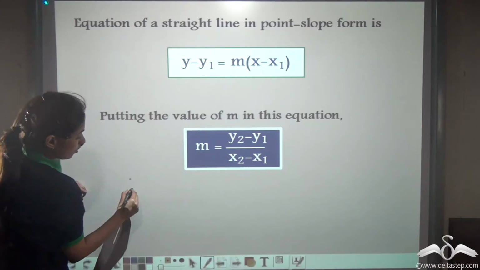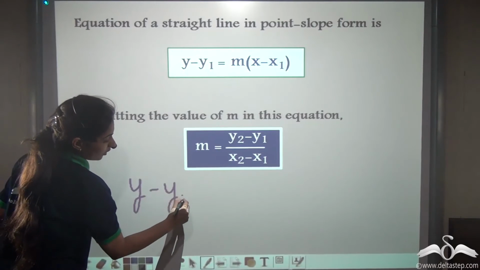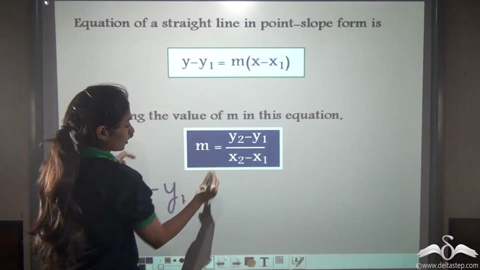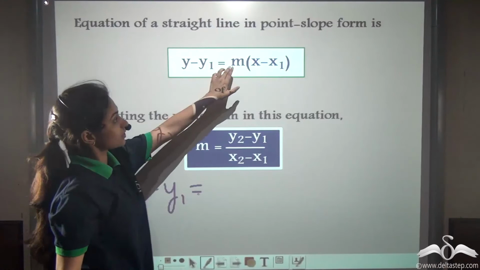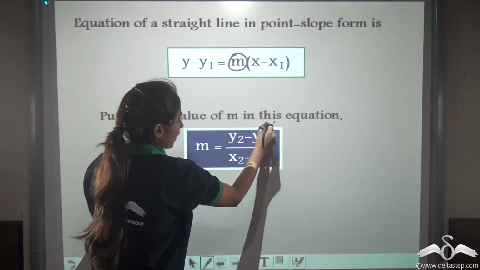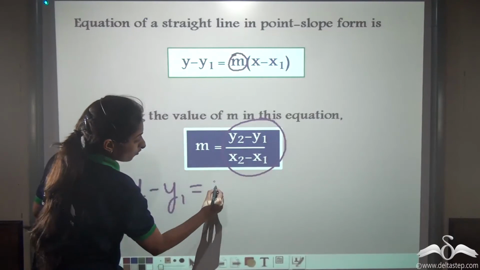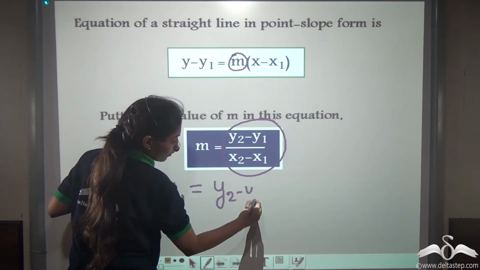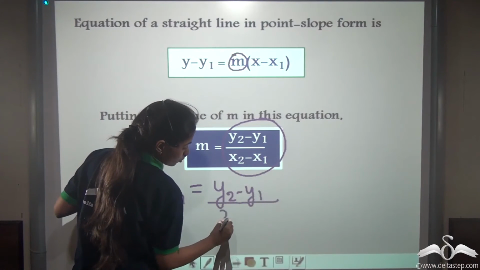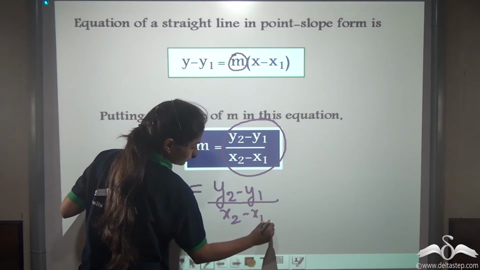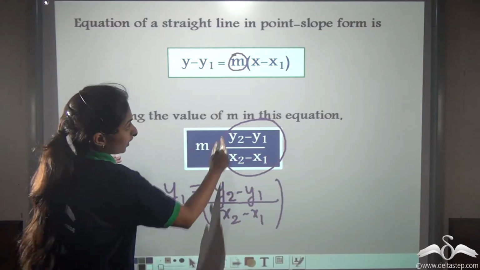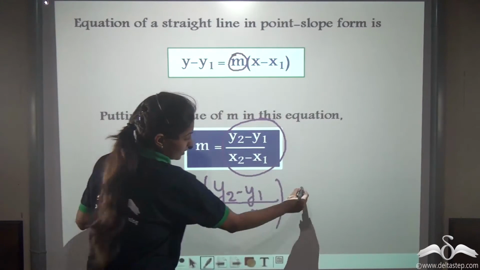Y minus y1, this remains the same, is equal to, instead of this m, we will write this: y2 minus y1 by x2 minus x1 into x minus x1.